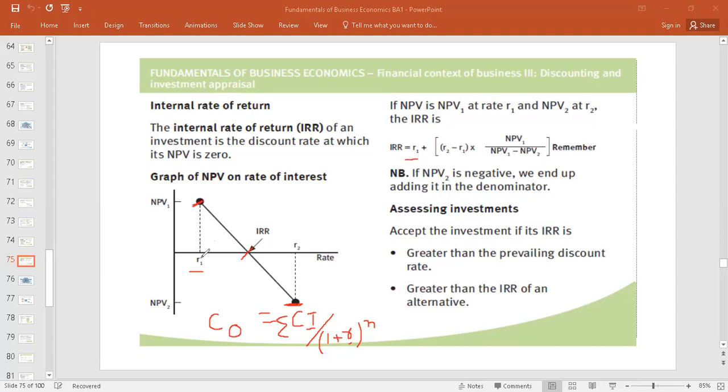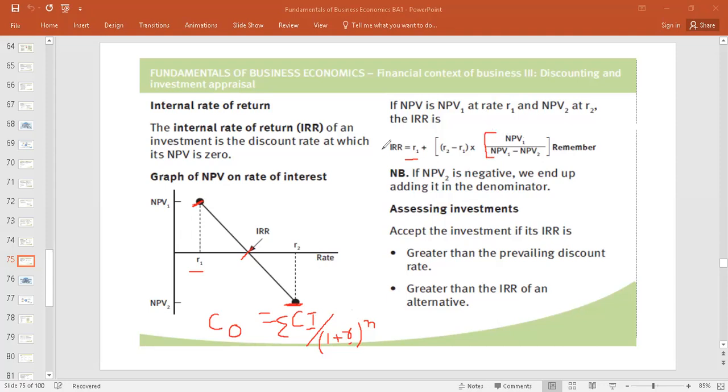We see the NPV at the first value, which is positive. NPV1 is the present value of cash inflows minus the cash outflows, divided by the difference between the two NPVs, NPV1 minus NPV2. This fraction is multiplied by the difference between the rates. We call this interpolation.